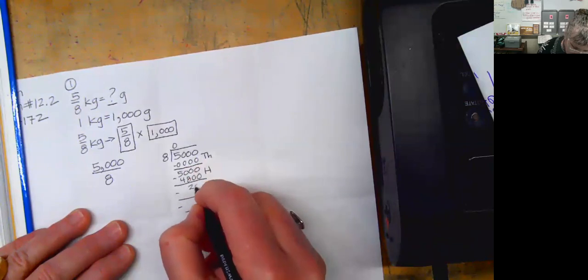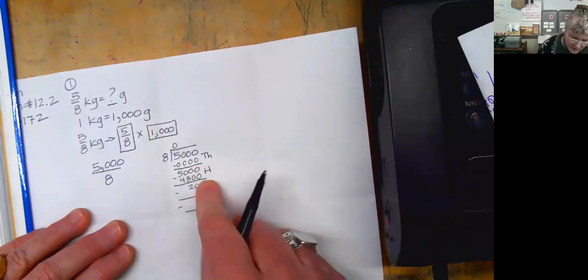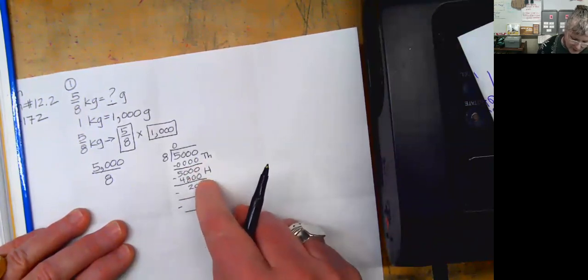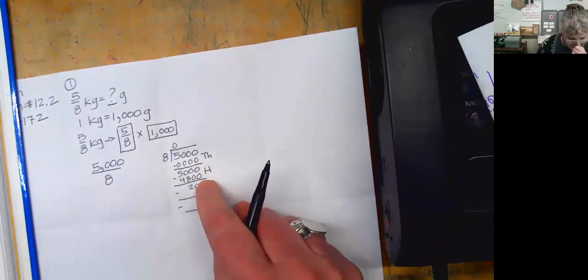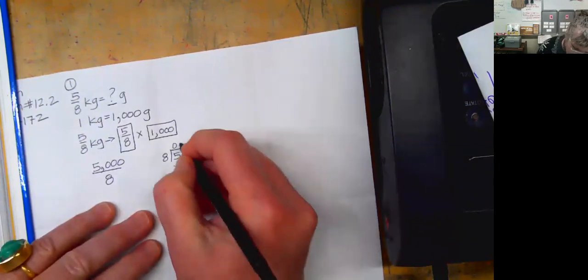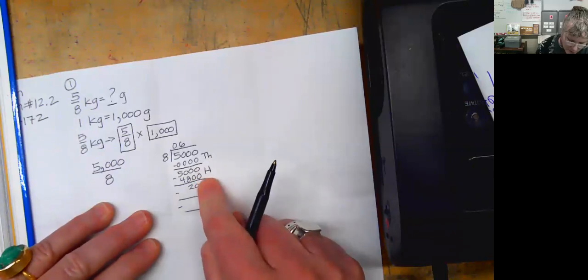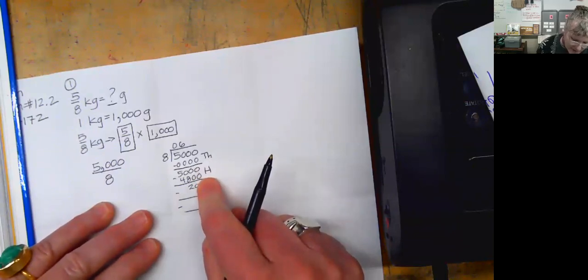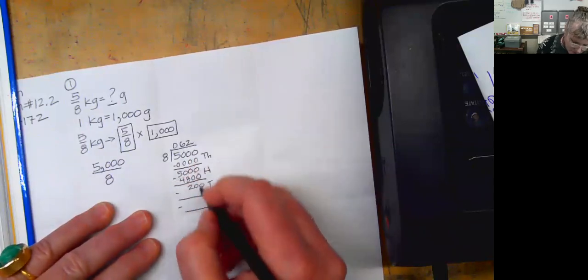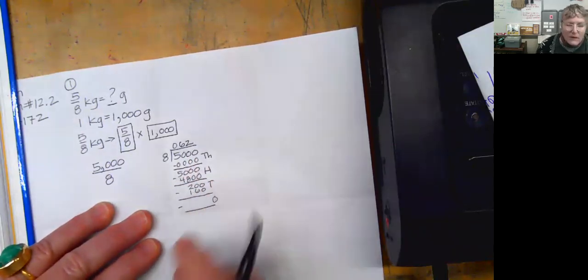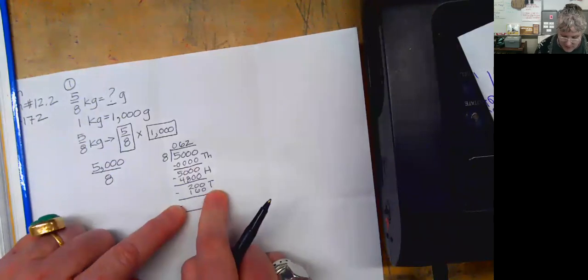When we subtract, we get 200. We're looking in the tens place because we're in tens territory. 8 will go into 20. Oh, whoops. Forgot to put that. 8 will go into 20. 8 times 2 is 16, or 160 because we're in the tens place.